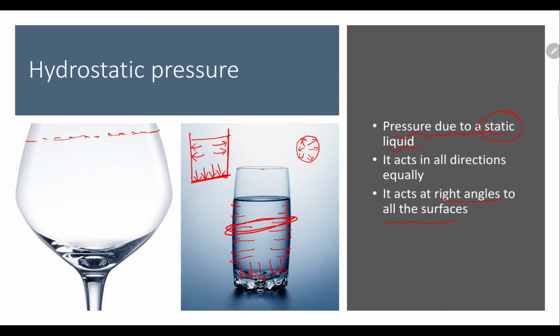Let us look at this wine glass which is filled over here. What about the pressure that is acting? Of course, my dear people, it's always going to be acting at right angles to the surface. Is that okay? This is what hydrostatic pressure is all about.